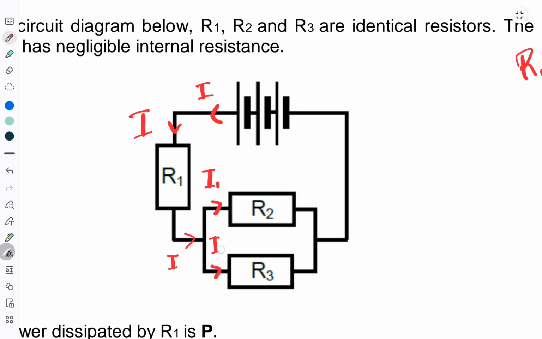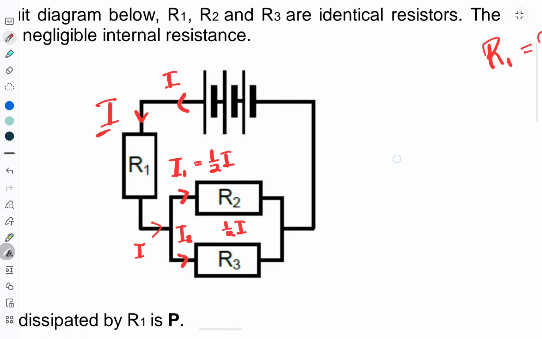The second branch will receive, let's call it I2. Right. Because these are identical resistors, the current will split equally for these branches. So this total current will split in half. One half will go here. So this will be half I, right? And then this will also be half I.